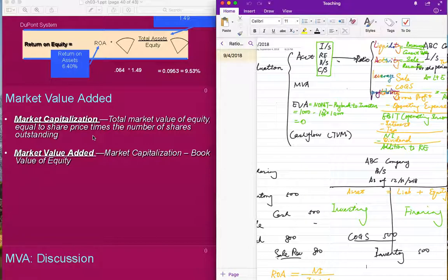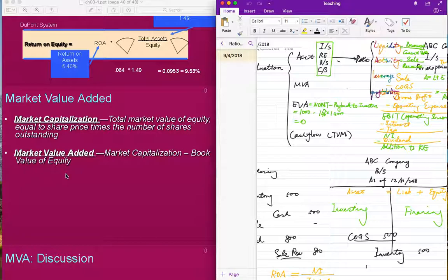Okay, and Apple has the same thing. So market capitalization is the total market value of our equity. We want that total market value of equity subtract our book value of equity. So your equity valuation on the book is different from the market capitalization of your equity.